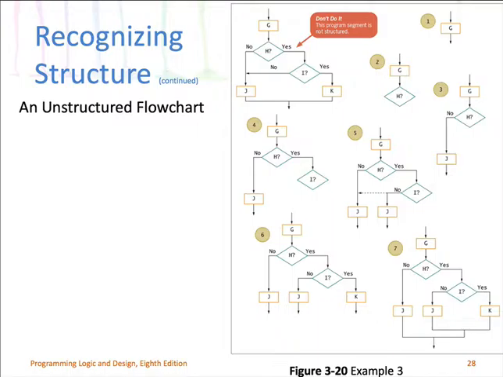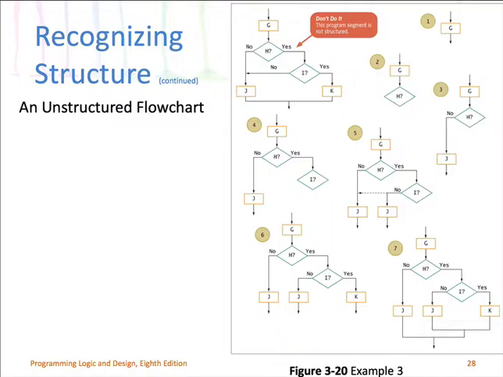So if we break it down, step G is fine. If we add H to that, that's fine. If the answer is no, we need to execute block J. If the answer is yes, then we need to answer another question, is I true or false?